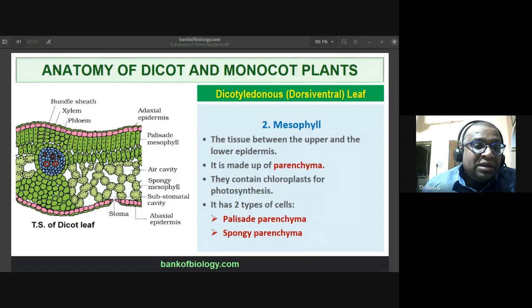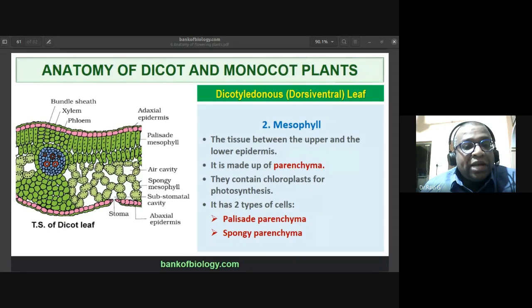Parenchyma richly filled with chloroplast is nothing but chlorenchyma.